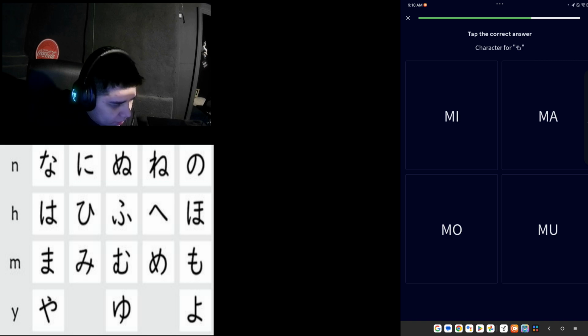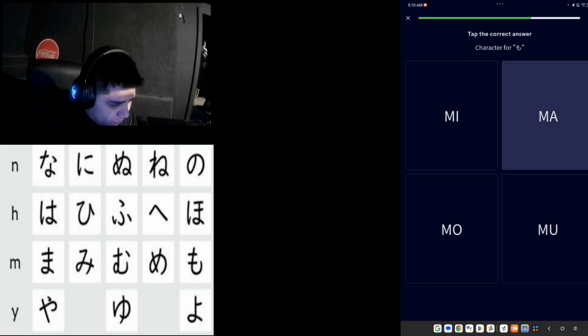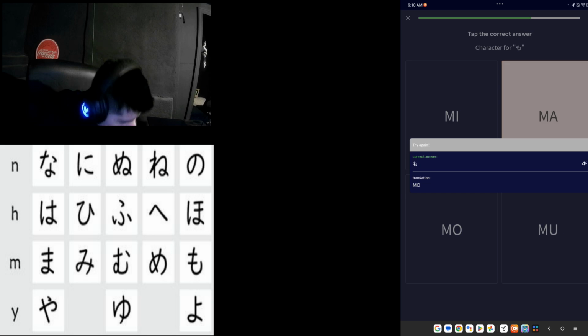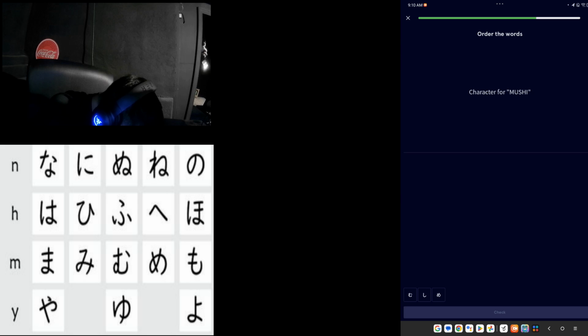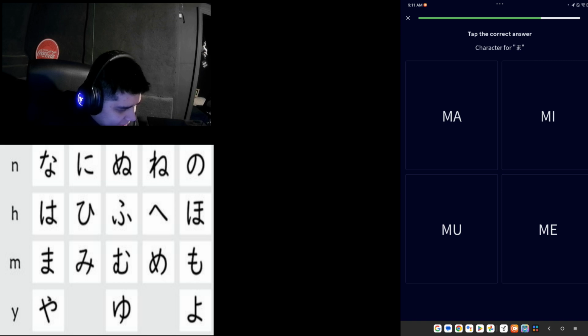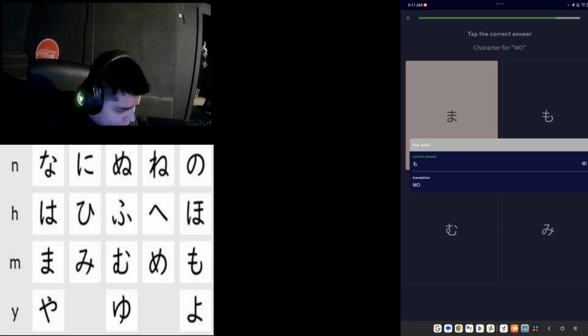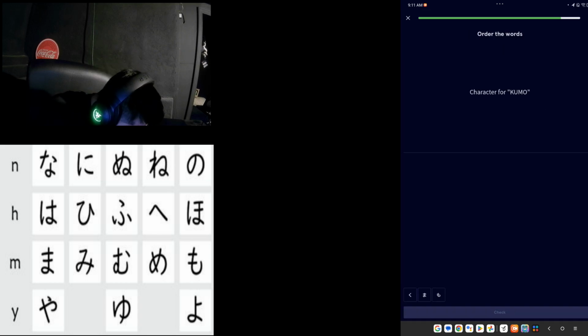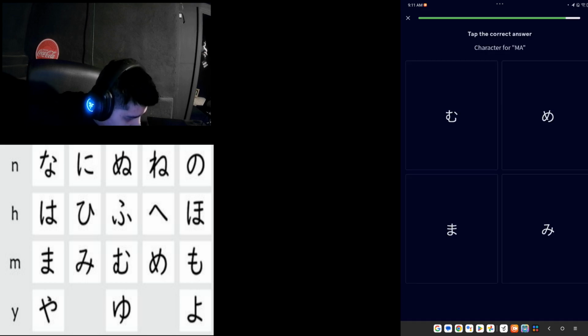Oh, is this ma? This is ma, because the other one's a. This is mo. Okay, mushi. Mushi, that's not a circle at all, it's a line. Ah, it's scuffed. This is ma, because that's two. Meh, we have meh. We have mu. Kumo, mo is that.